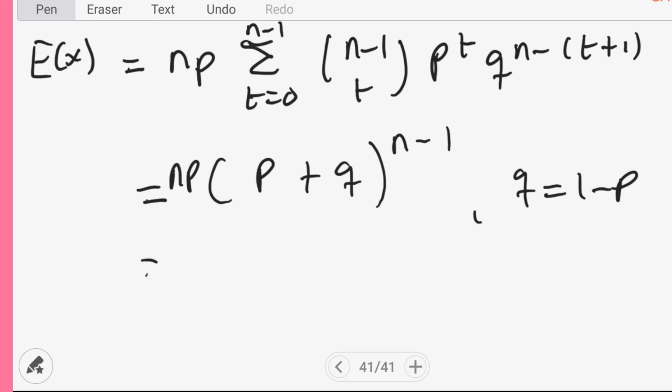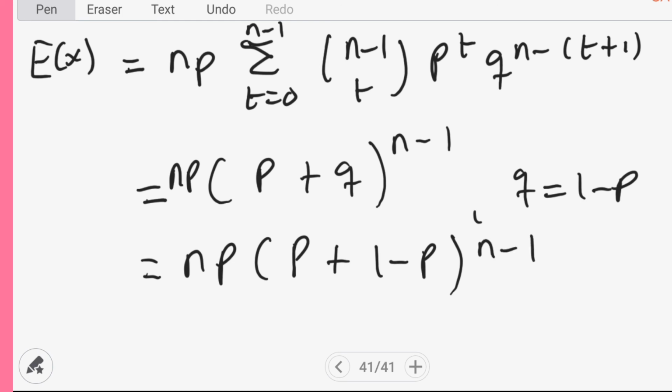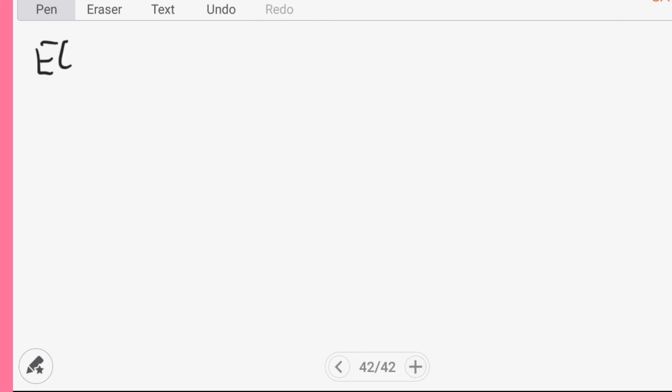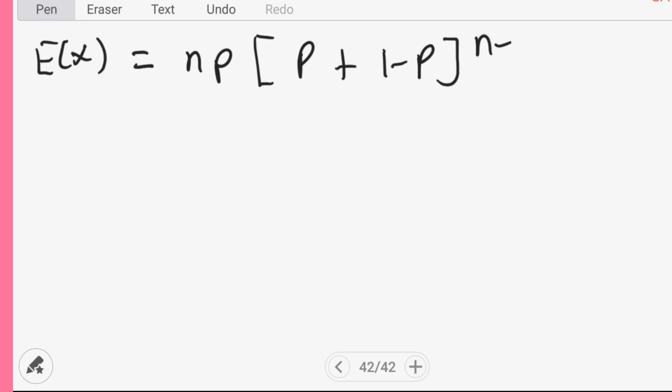So it means that you can write this whole expression as p plus 1 minus p, to the power n minus 1. This is the expected value of x. So we have the expected value of x, which is now equal to np by p plus 1 minus p to the power n minus 1.